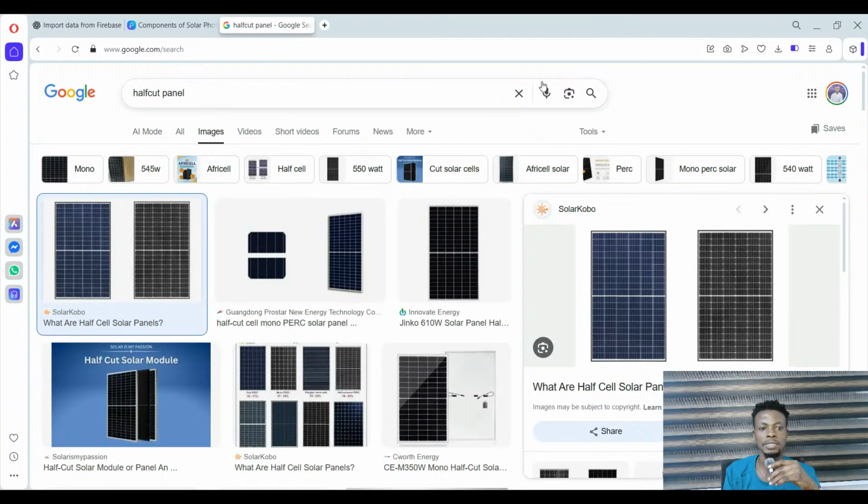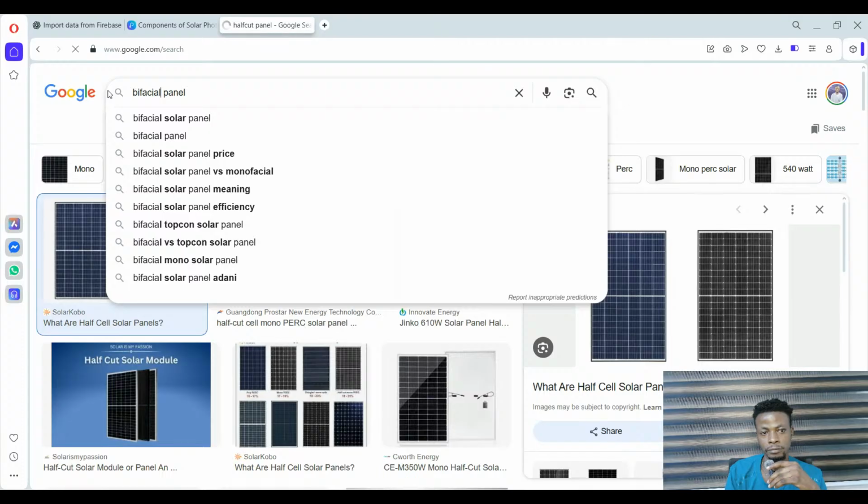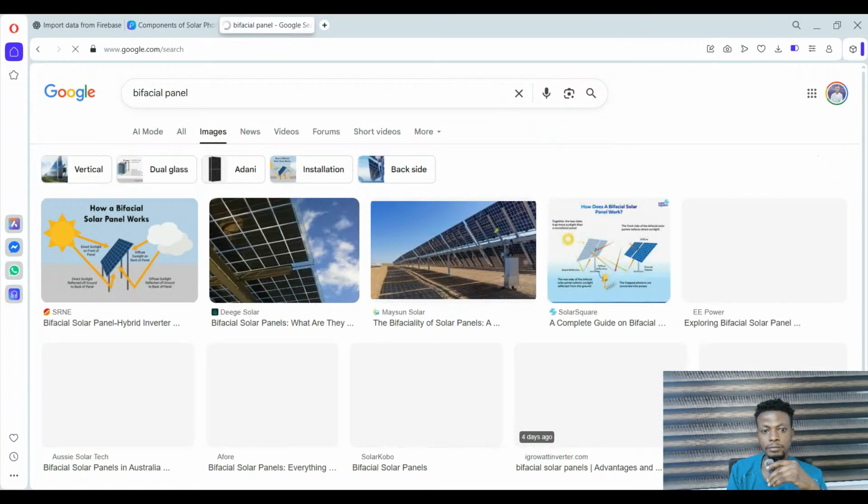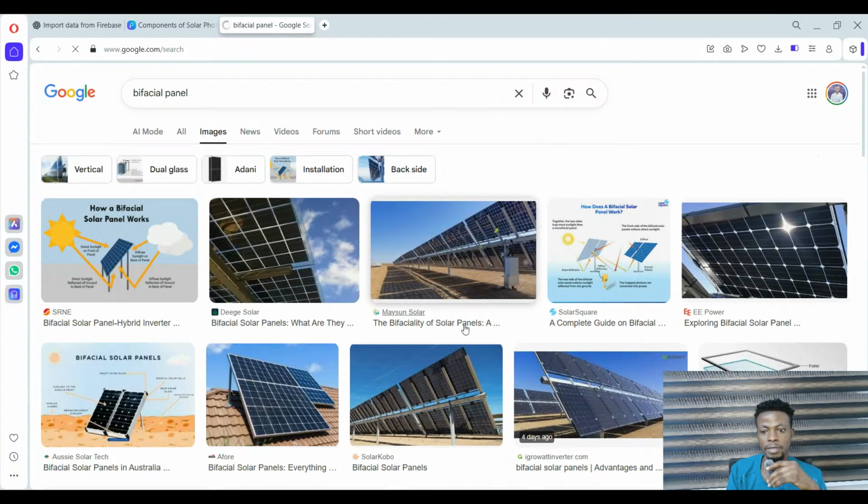So that's the idea. The bifacial, let's see if I can see bifacial. I hope you're following, right? The bifacial has two faces, all right? So there's a face here, right? These are solar cells underneath, and there is another face that is currently facing the sunlight, right?